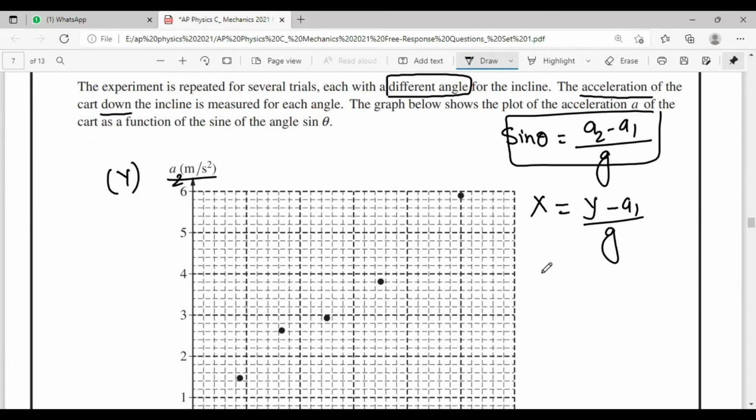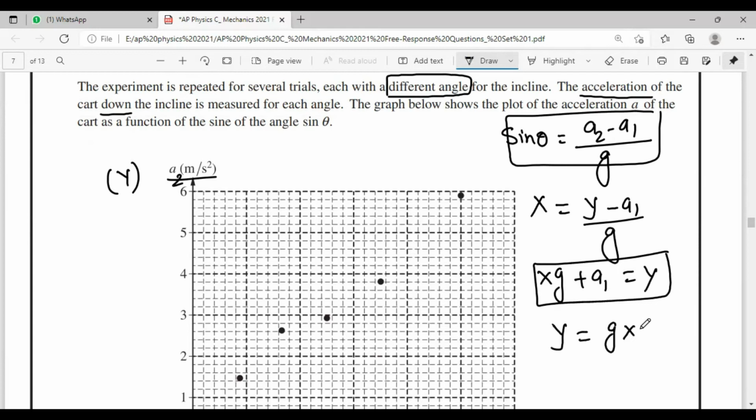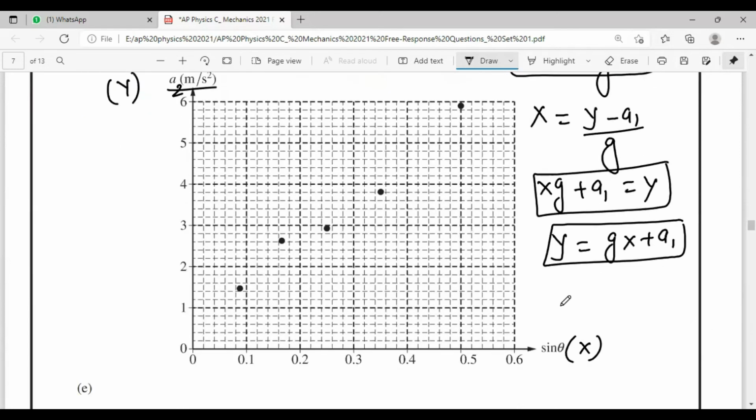We can express it: XG plus A1 should be equal to Y, or Y is equal to GX plus A1, right? If you compare it with Y is equal to MX plus C, we can see easily that slope is basically G and intercept is basically A1.